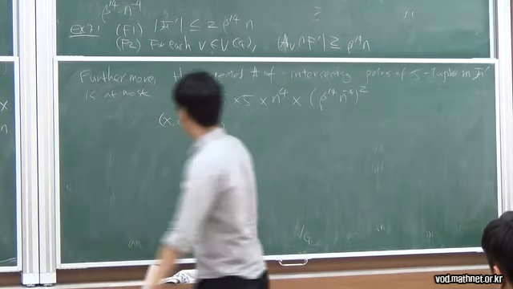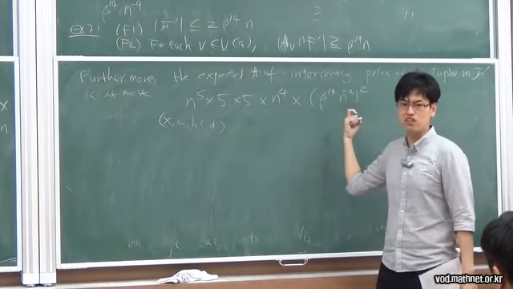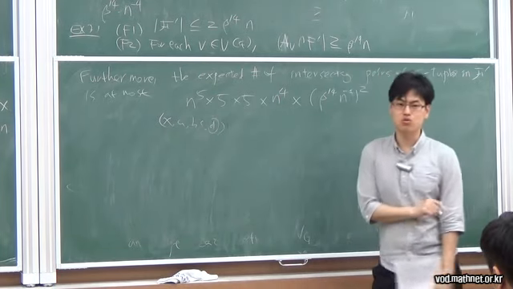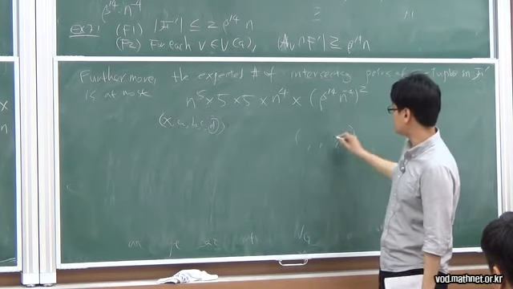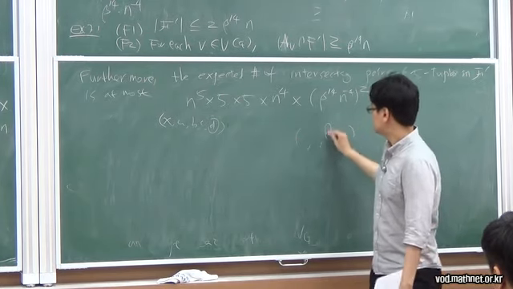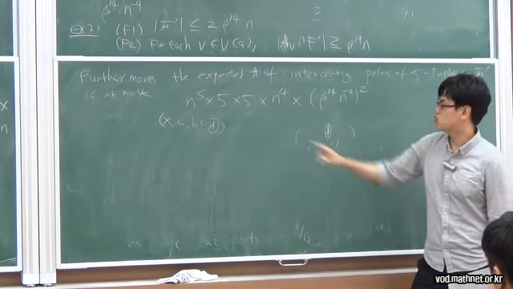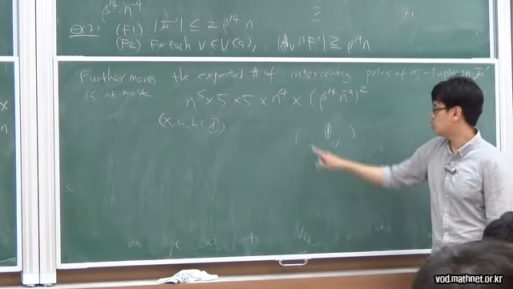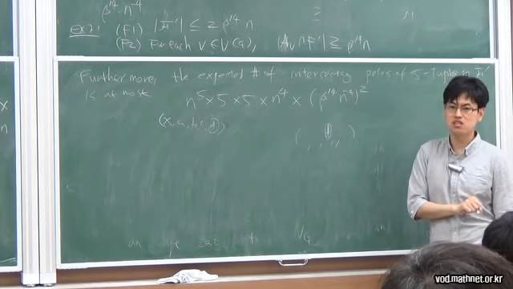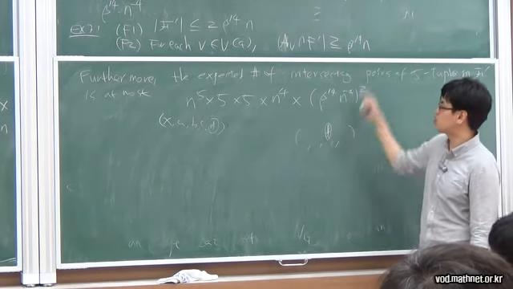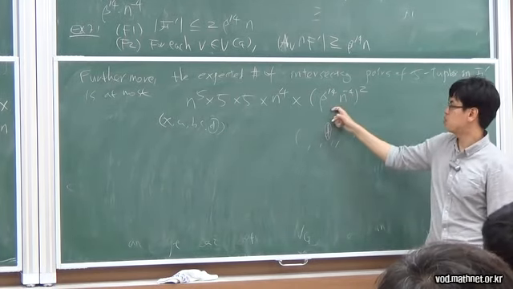And then you choose one of them which will intersect with the other. So there are 5 choices. And then in the new pair, we designate a coordinate which will use the same vertex, which is another 5. And we choose the other 4, which is n to the 4. And then the probability that both of them are here is this probability squared.